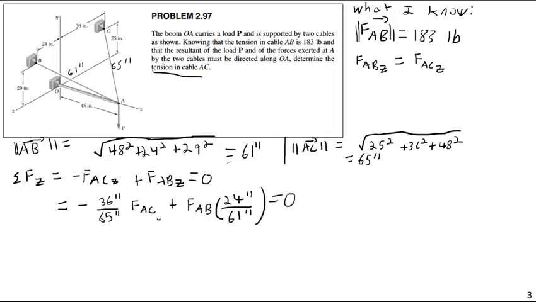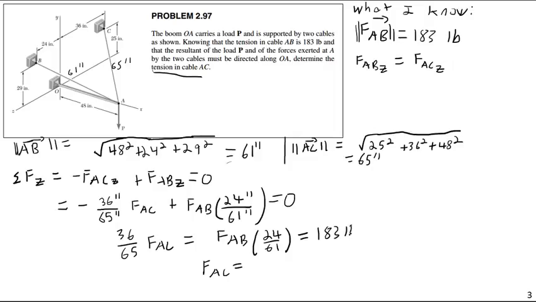And so then, negative 36 over, let's see. So this then is, well, I can just say 36 over 65 FAC is equal to FAB times 24 over 61. And then FAC is equal to, well, FAB is actually, as we found earlier, 183 pounds times 24 over 61, which is 72 pounds.